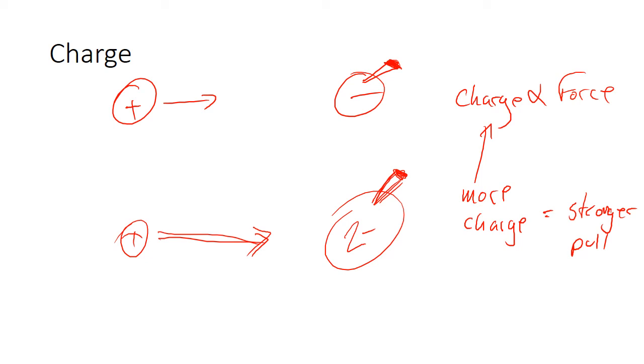Now there's one more thing we have to take into account, and that is distance. So fun. So let's say we've got that positive charge again, and we've got a negative charge right there. This one is going to be plastered to the wall. This one is going to get pulled to the right. I'm sure you've figured that out by now.